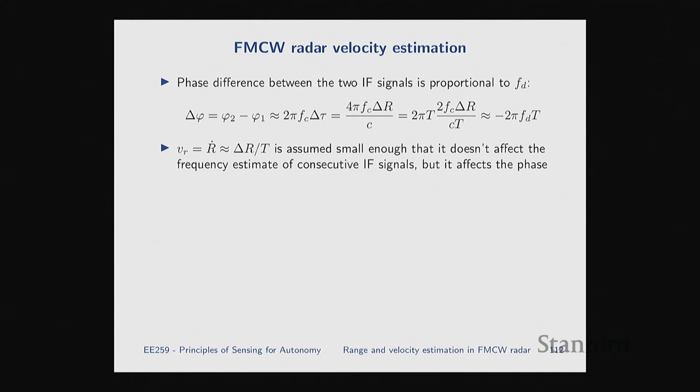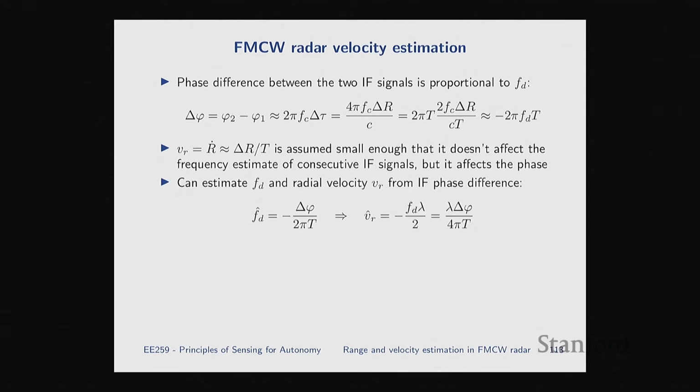So now that that's the case, that means if we estimate or calculate the phase difference between two consecutive chirps, we can then estimate the Doppler shift from that, right? So from this expression, you just invert that, and you get your estimate of the Doppler shift is just delta phi divided by 2 pi T. Again, T is the chirp duration, okay?